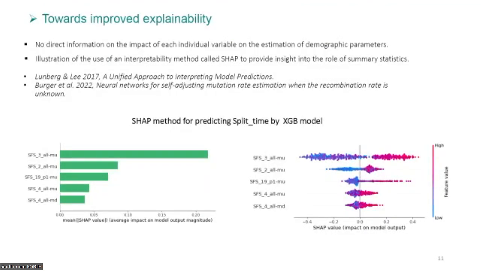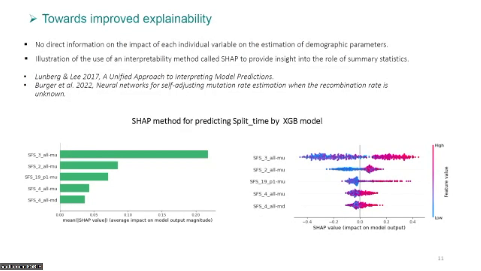So until there, we looked at the importances for the different regression methods. But as we talked about in the previous talk, with this kind of method we don't have linear effects, so we don't have a straightforward interpretation of the effects of summary statistics on the prediction of the demographic parameter.